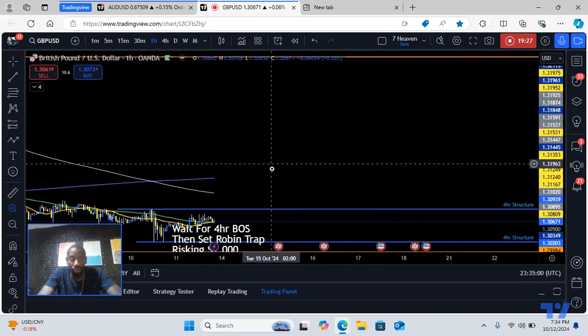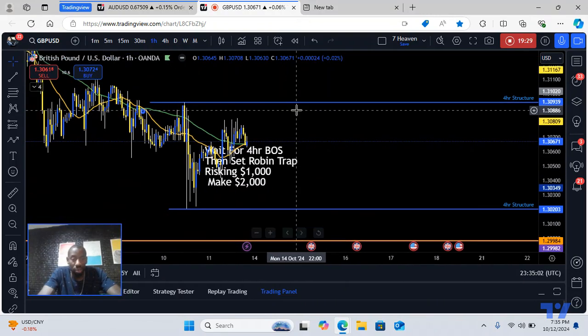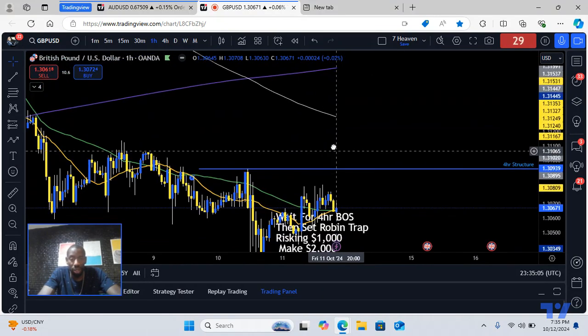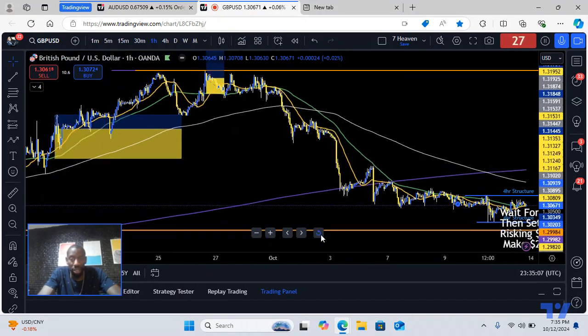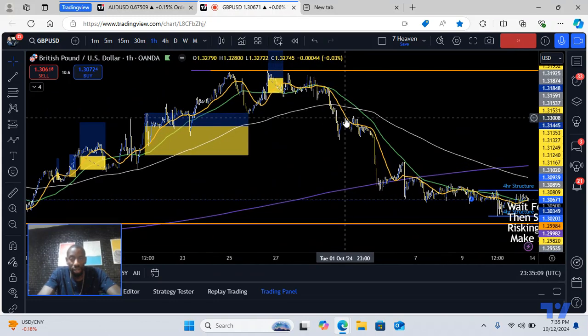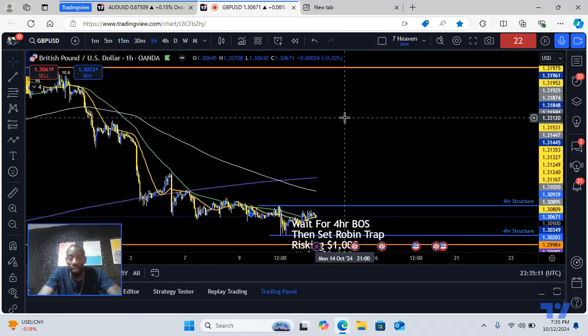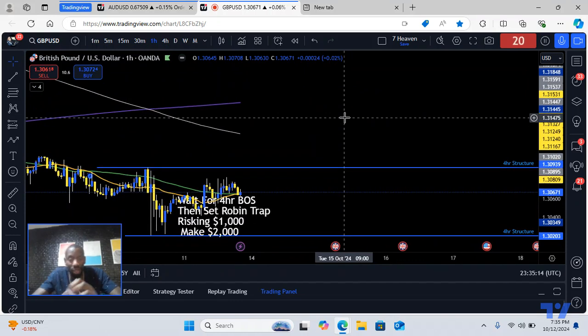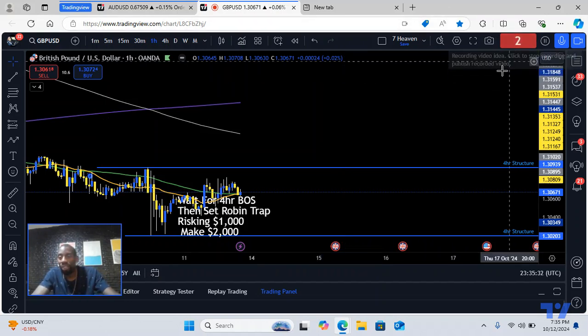So I'm waiting for this thing to transpire. And yeah, that's basically the strategy, man. It's really just waiting a lot, and reading that market structure properly, and being patient with the setup, right? And know your risk appetite for real. That's the key thing. All right, that's video 3.